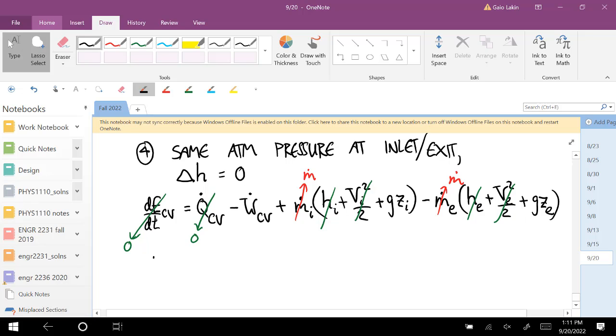And so you get W dot for the control volume is m dot times the quantity g zi minus g ze.